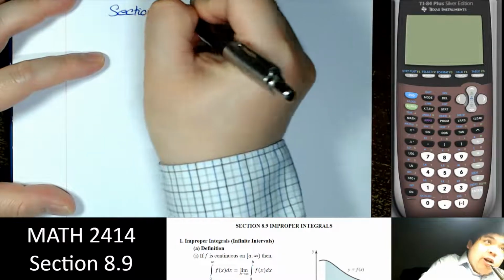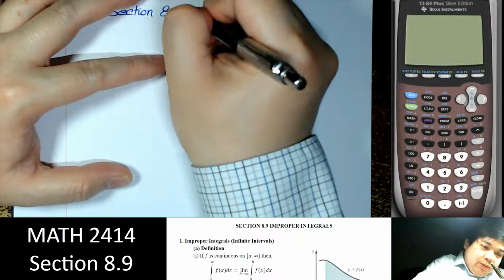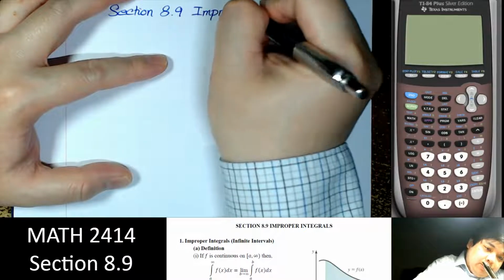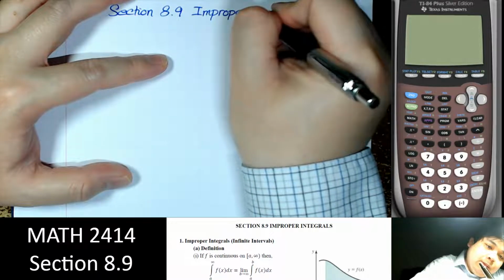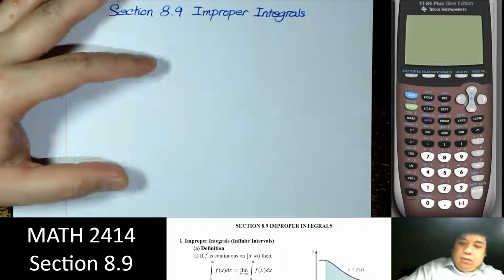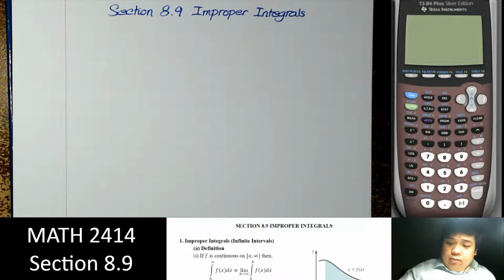Section 8.9, improper integral. Before we go to the first part, what we have here is an integral.